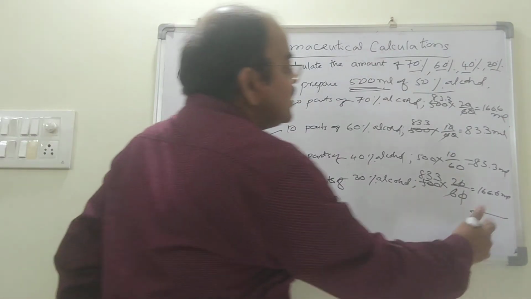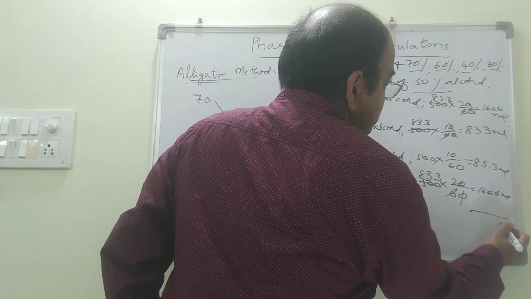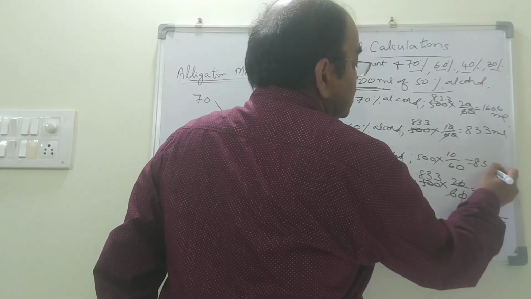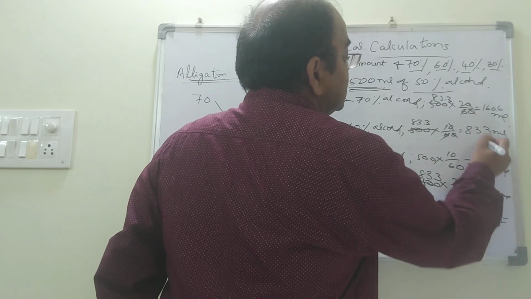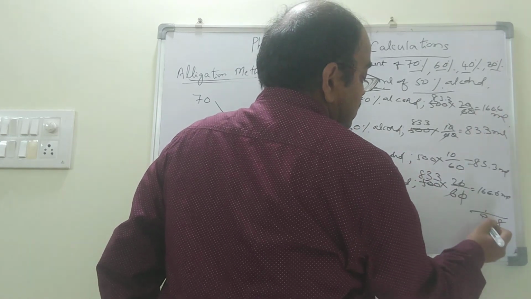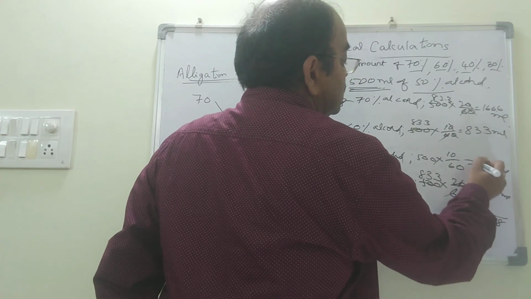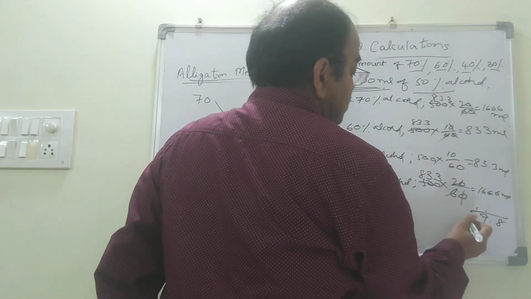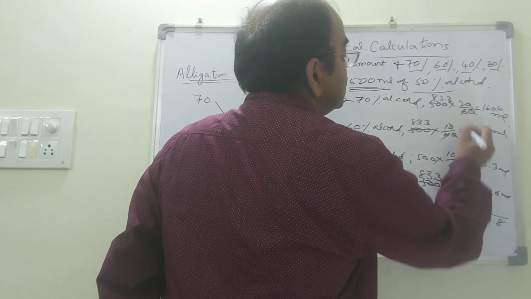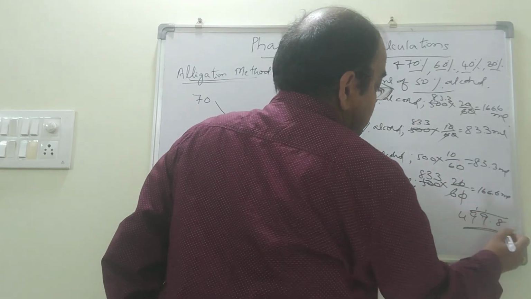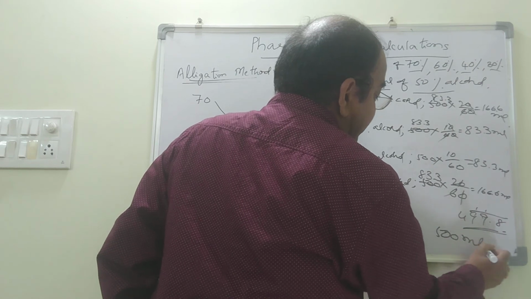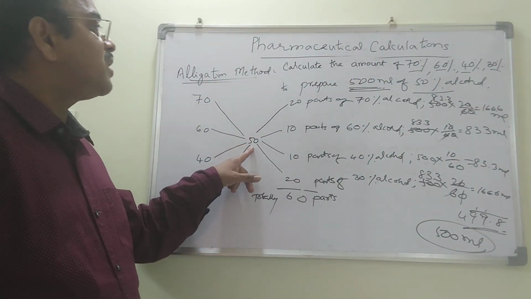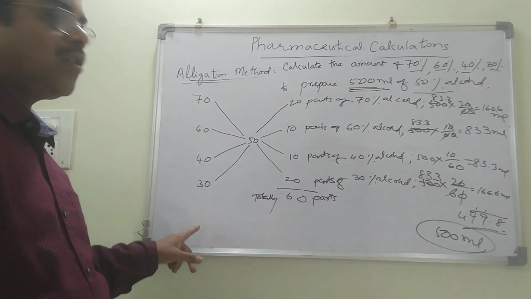You sum up all these things. Nearly 500 ml. We have prepared 500 ml of 50% alcohol using all these four concentrations.